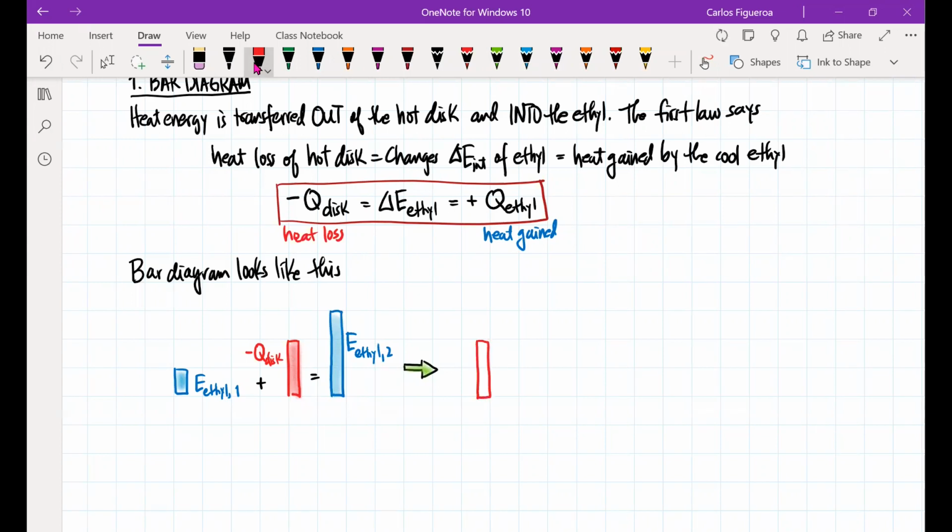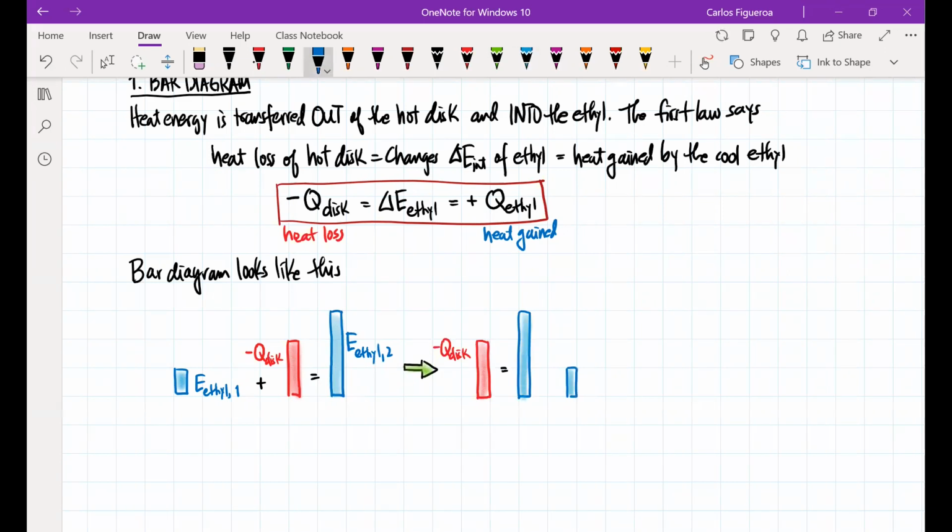So this here represents minus Q of the disk. And what did that heat do? What it did here is that it changed the internal energy of the alcohol.